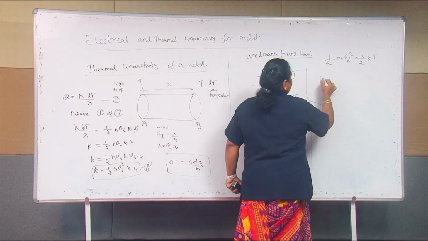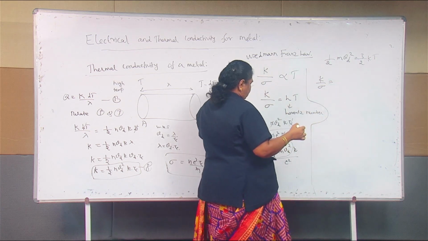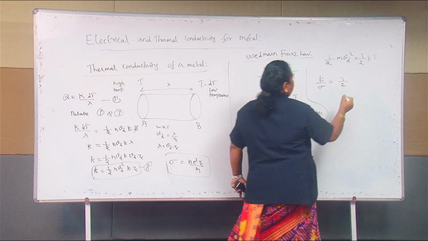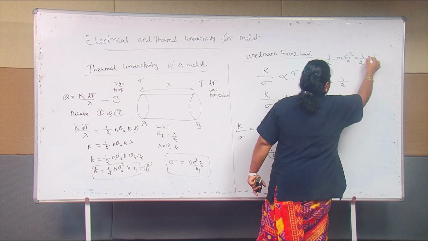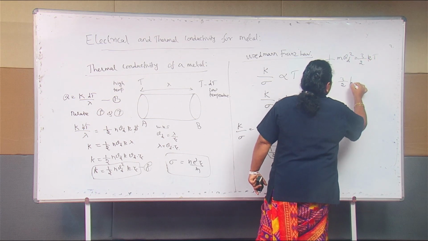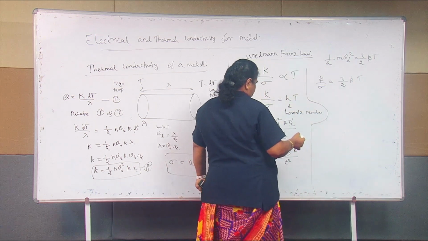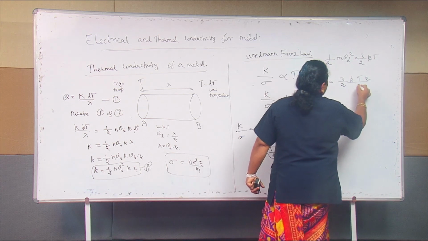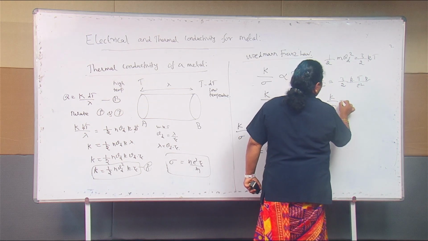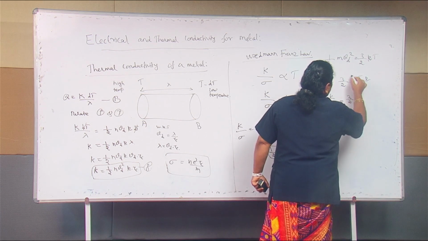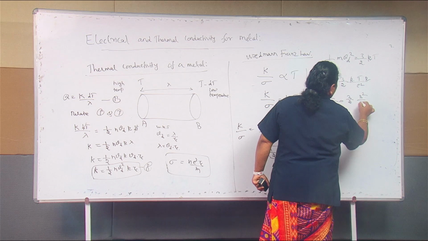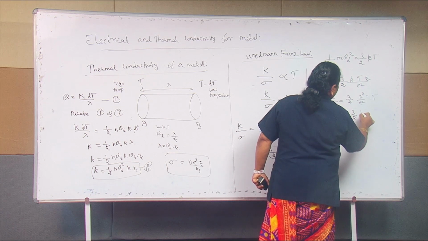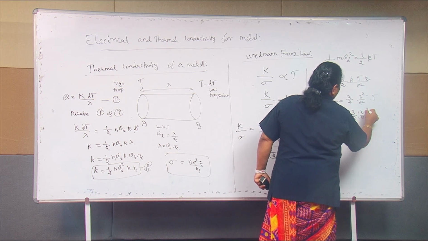So this expression K by sigma is equal to, instead of m v squared, 3 by 2 multiplied by small k, k into T. Already we have one k here, divided by e squared. So I rearrange this expression as 3 by 2 k into k, so I have k squared by e squared, which is multiplied by T. The same expression can be written as 3 by 2 k by e the whole squared into T.